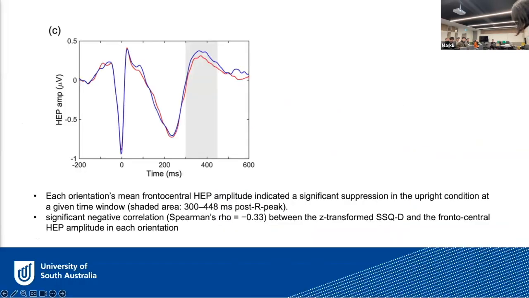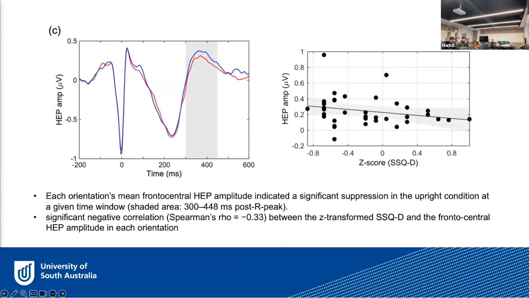If the person feels more sickness, then the amplitude of this EEG signal gets lower. So this is the approach I selected to find out the temporal dynamics of cybersickness.